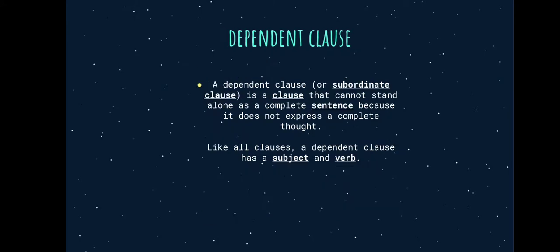Dependent clause. A dependent clause, or subordinate clause, is a clause that cannot stand alone as a complete sentence because it does not express a complete thought. Like all clauses, a dependent clause has a subject and verb.